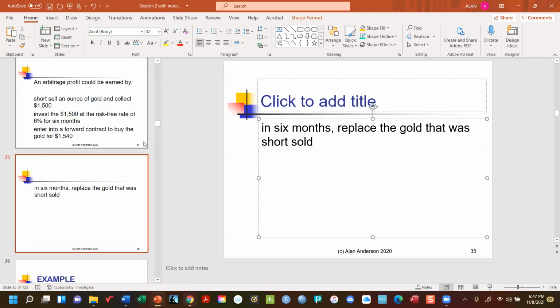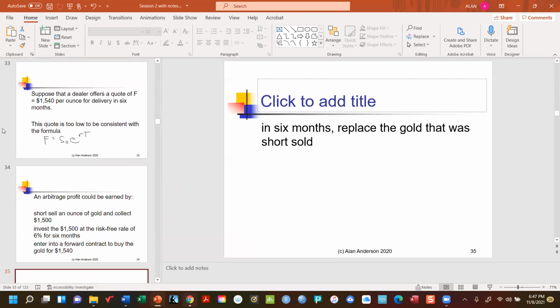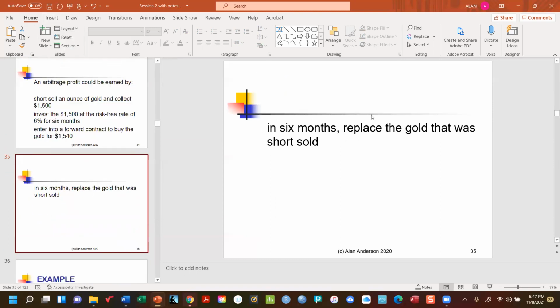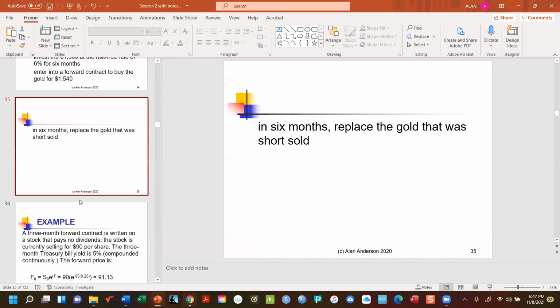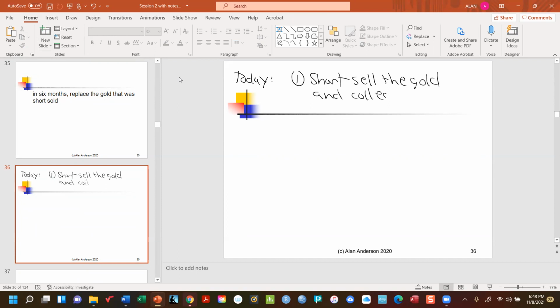Okay, so then what do you do? So here we're gonna run through this real quickly. So we short sell the gold. And again, you notice that we're assuming that this is possible. And collect $1,500. Now let's assume that when you return the gold, you have to pay interest on it, 6% for 5 months.